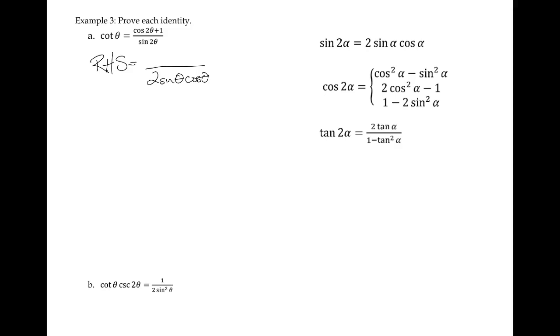And from here, I'm going to look and I'm like, okay, well, remembering that cotangent, so maybe making a side note to myself, that cotangent is cos theta over sine theta, I need to remember that I'm going to need to eliminate this cos theta in the denominator. So I'm going to choose the identity that lets me have a cosine in the numerator to get rid of it.